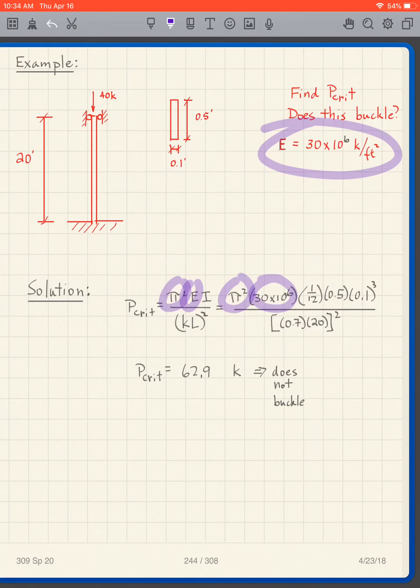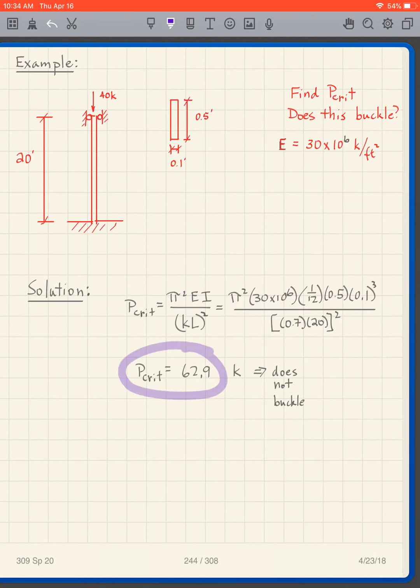So when we apply all of this, we get P critical is 62.9 kips, which is the property of the column. Since we are only applying 40 kips, not the 62.9, it does not buckle.